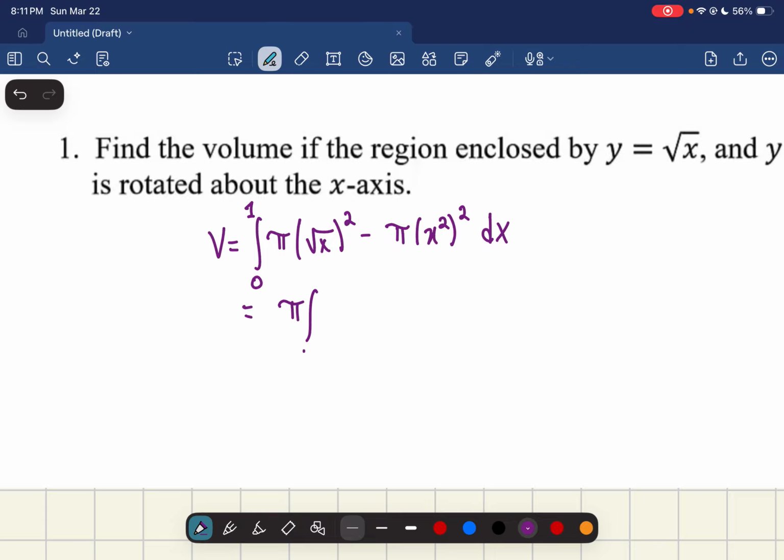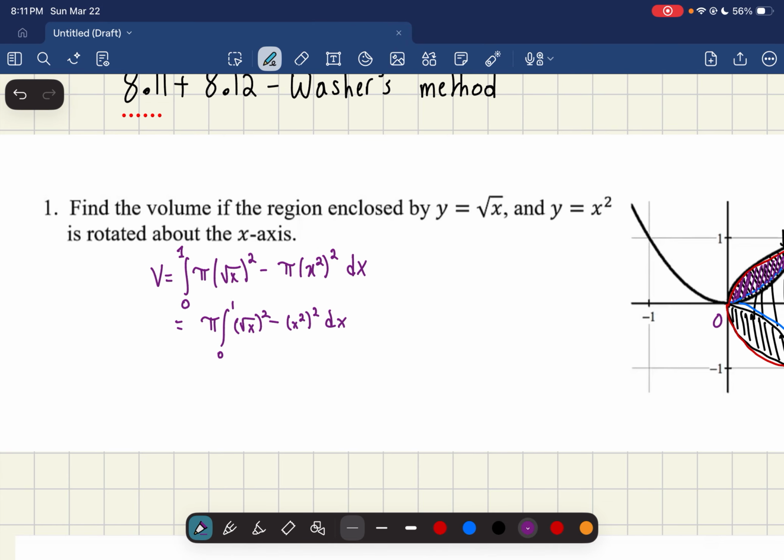So pi, integral from 0 to 1, of square root of x to the power of 2 minus x squared to the power of 2, dx. In general, how does this formula look? It looks like this: pi R of x to the power of 2 minus pi lowercase r of x to the power of 2, dx.